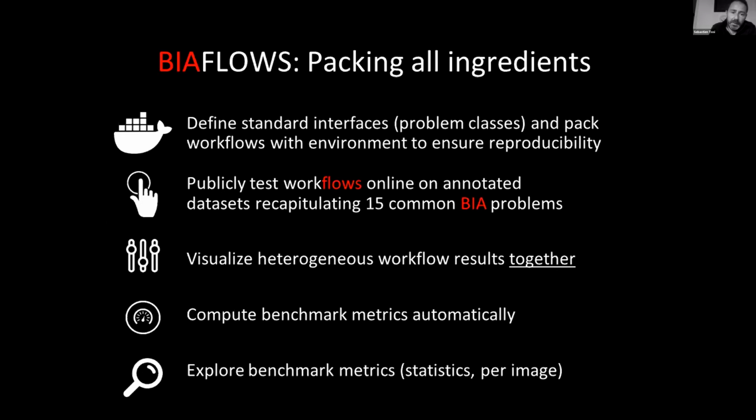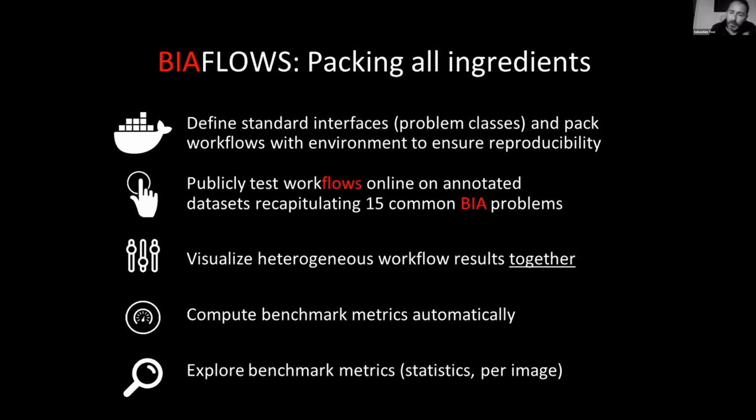The results of different workflows can be visualized together, even if the workflows come from completely different platforms. As you will see, we have many platforms: ImageJ, Icy, CellProfiler, Python, or also compiled code. So it can really be almost anything in there. And then the benchmark metrics are automatically computed on the results.